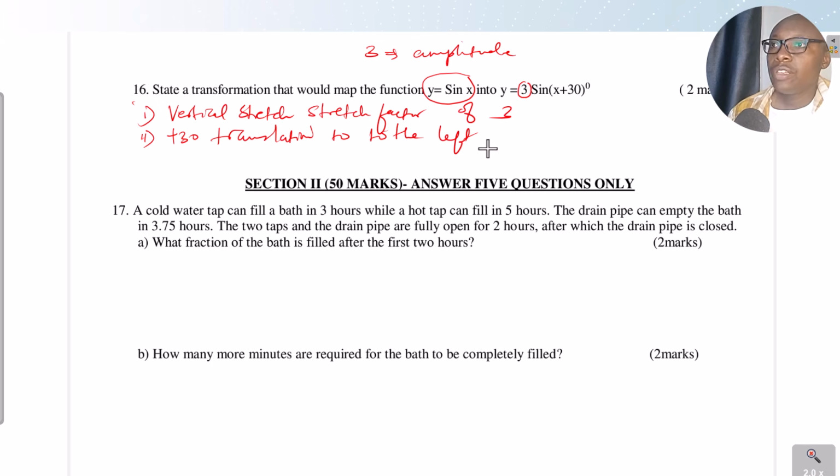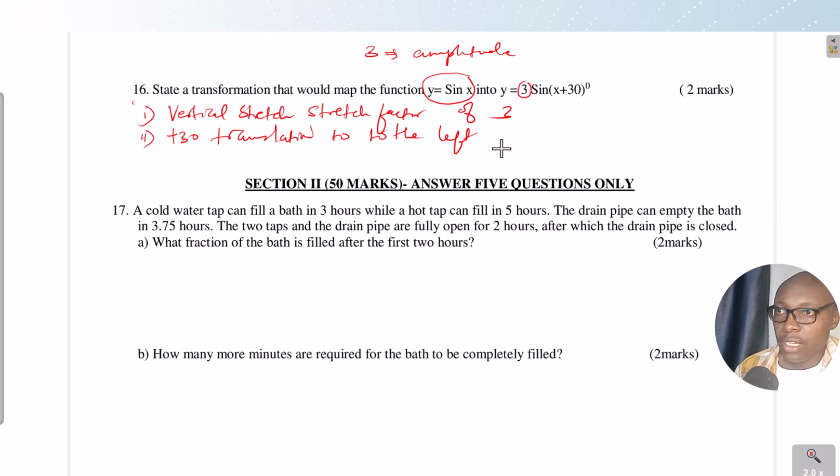And for you to give a translation, you have to give the translation vector. So positive 30 is a translation to the left, and the translation vector to the left is written as negative 30, 0. So those are the 2 transformations that you can identify.